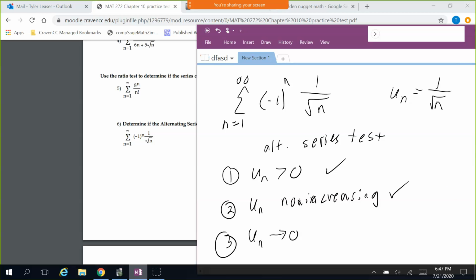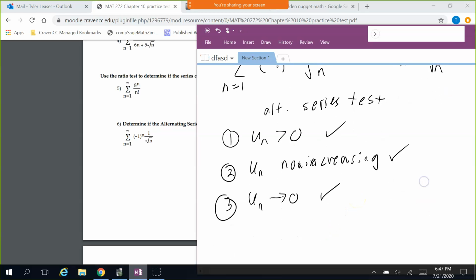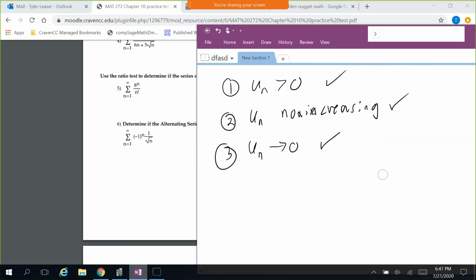This one I also hope is obvious, because if I plug n to be infinity, the denominator blows up to infinity, which makes the whole fraction go to 0. All 3 of these things are satisfied, which means by the alternating series test, our series converges.